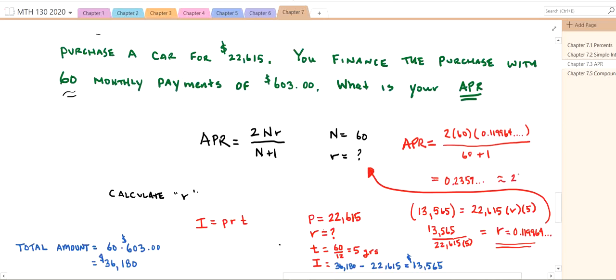It's approximately 23.6%. So effectively, you're paying an interest rate of 23.6%, even though the rate, assuming that your principal was unpaid for all 5 years, is 11.9%. Your effective annual percentage rate is 23.6%. And that's it.